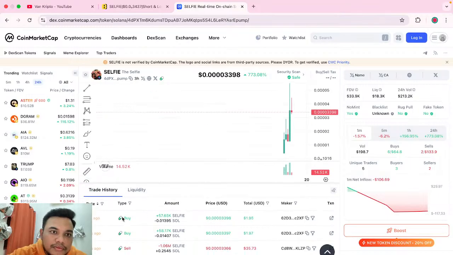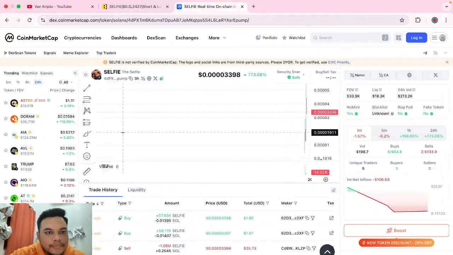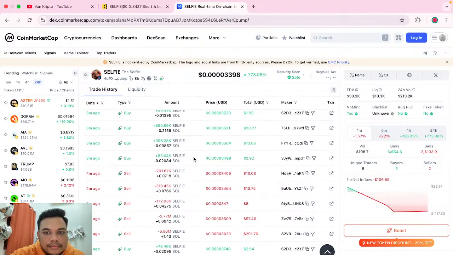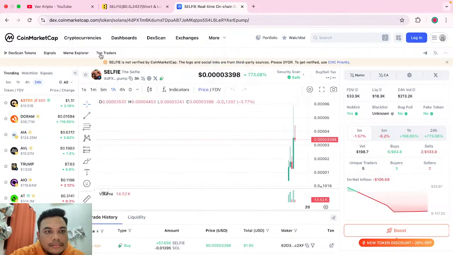This is a pump fun, the one that we integrated with the OMNI futures, right? It seems like this is some kind of famous person taking a selfie.